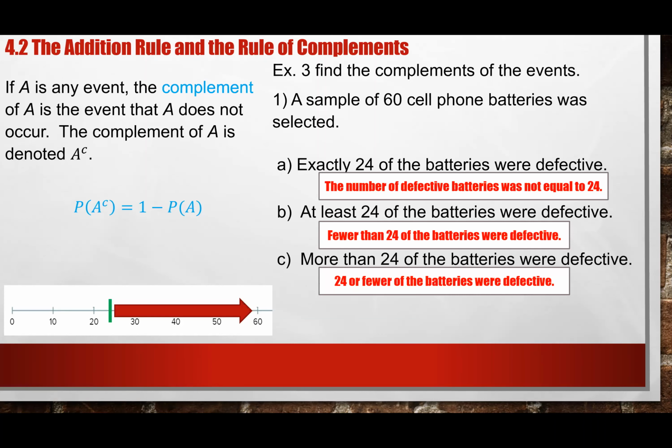If you say 23 and less, where does the 24 go? If 24 is not on this side and not on that side, you left out the 24. So you have to include every single item.